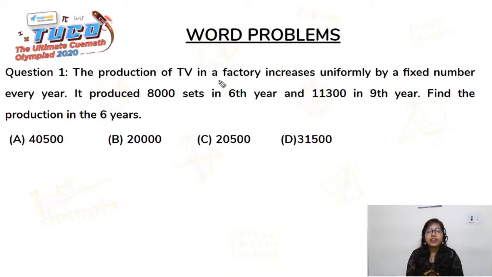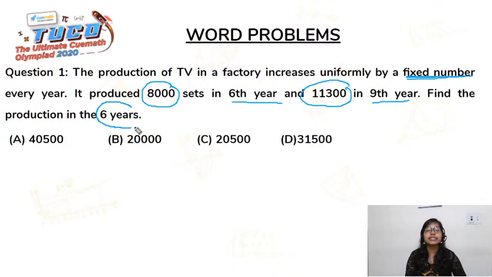The production of TV in a factory increases uniformly by a fixed number. This itself is giving you the first hint that whenever some quantity is increasing by a fixed number, it's in AP, because the common difference remains the same every year. It produced 8,000 sets in the 6th year and 11,300 sets in the 9th year.